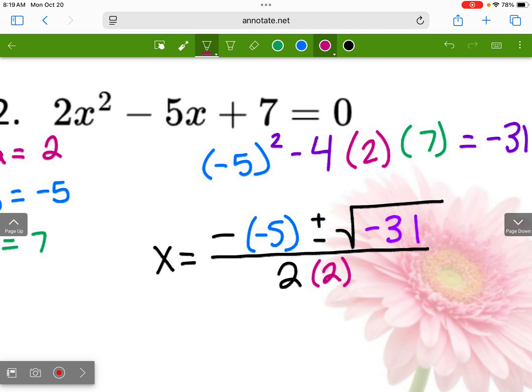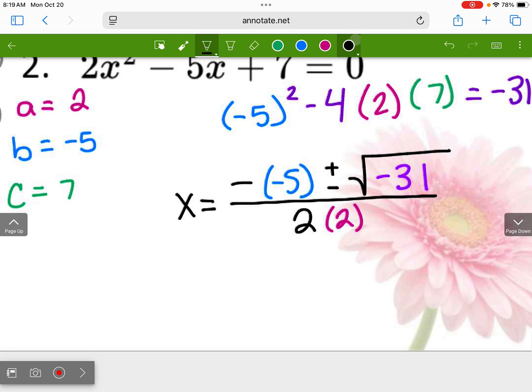So we can do this substitution, and then we can simplify it a little. Just a little, though. Because 31 also doesn't have any perfect squares as factors, so we can't do a ton of simplifying here, but we can do a little bit. Because my opposite of -5 is a +5.